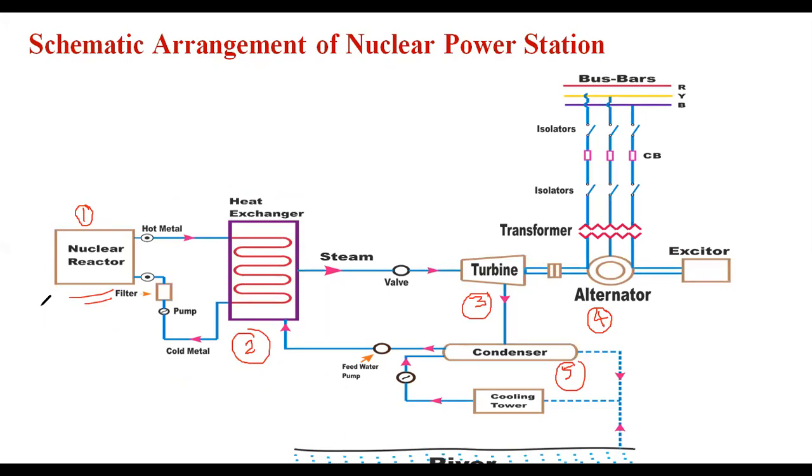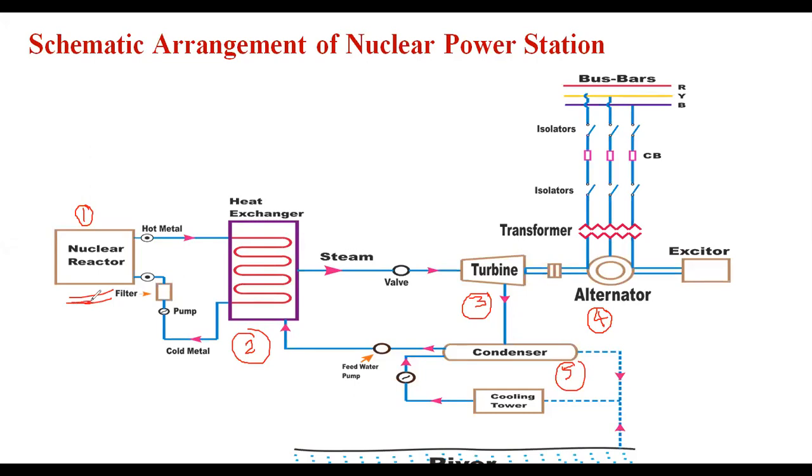Nuclear reactor: this contains heavy elements. Generally, the materials used in a nuclear power plant are uranium, thorium, and plutonium. Here, the materials are uranium, that is U-235, 238, 234, thorium Th-232, and plutonium Pu-239. The nuclear reactor is a cylindrical steel pressure vessel.